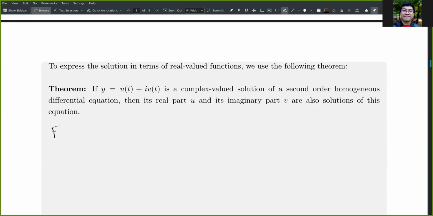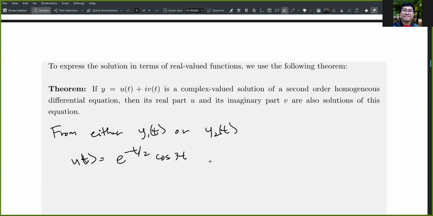So from either y1 or y2, up to an overall negative sign on v, but it doesn't matter, you have u equals e to the minus t over 2 cosine 3t, and v equals e to the minus t over 2 sine of 3t.